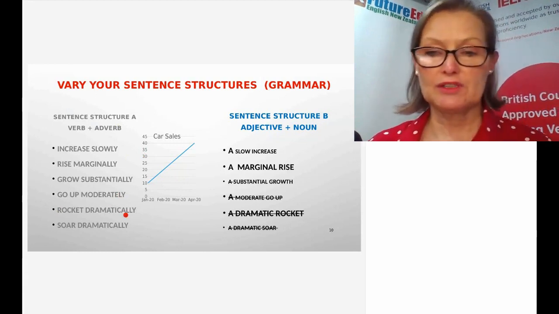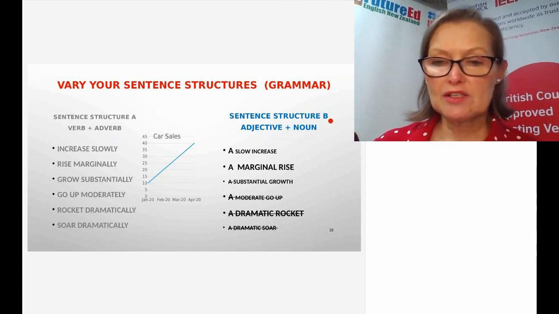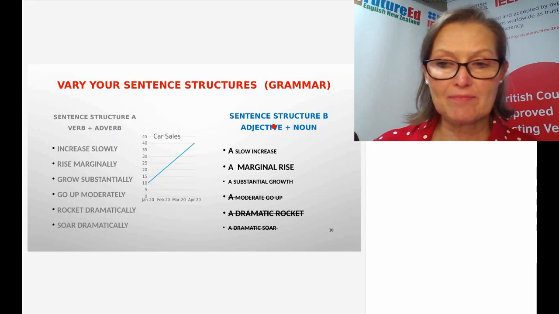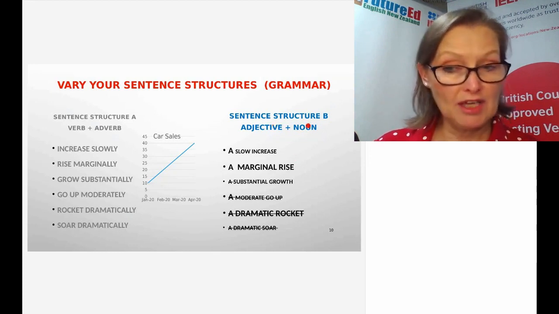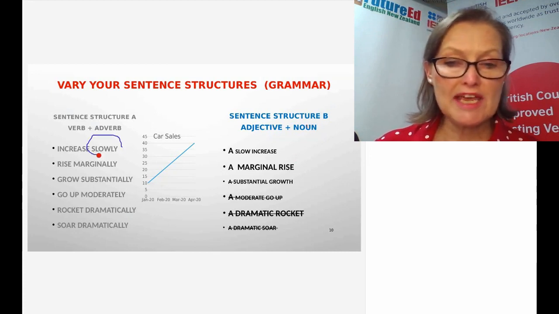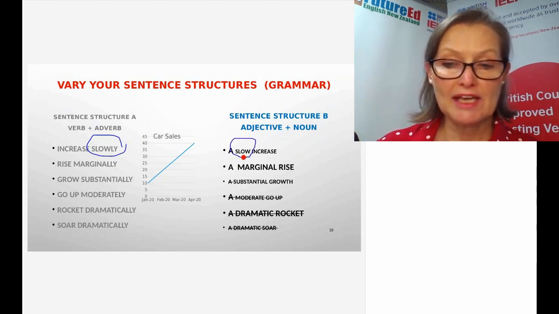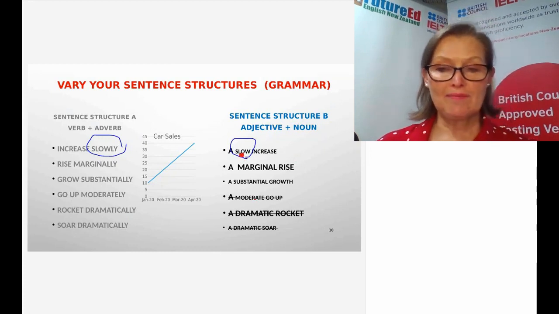So let's have a look now at how I change this to start writing my sentence structure number B, which is using an adjective plus a noun. So I'm going to take my adverb and turn it into an adjective by taking that ly off.